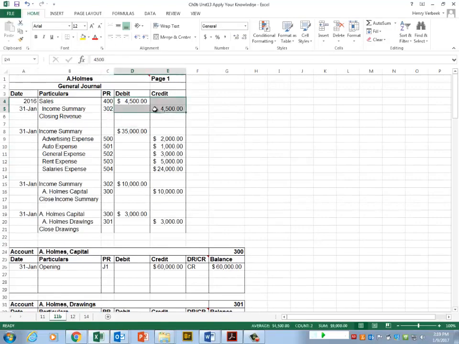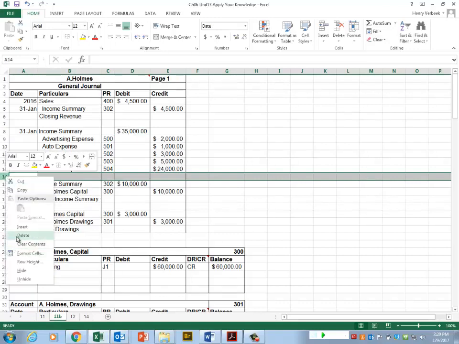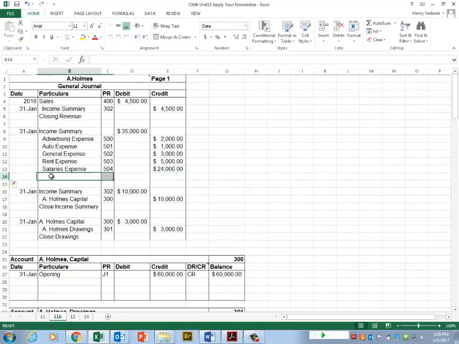So now we have to debit income summary 35,000, and I should have had a spot here, right click, insert. This should say closing expense accounts, and that should be over by 1.